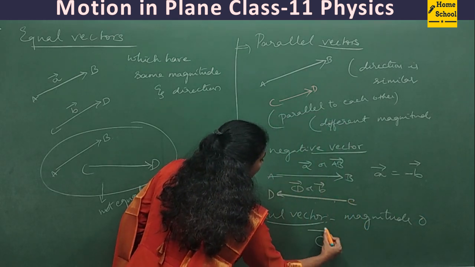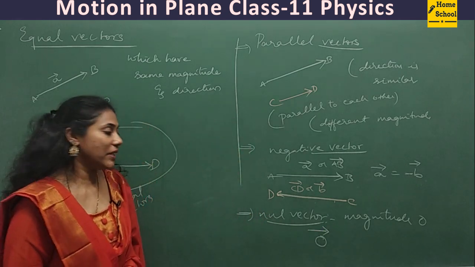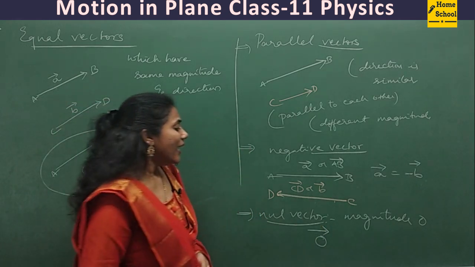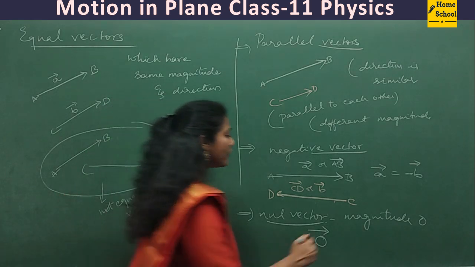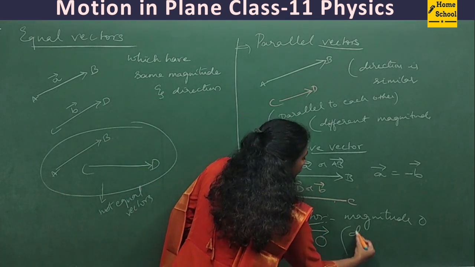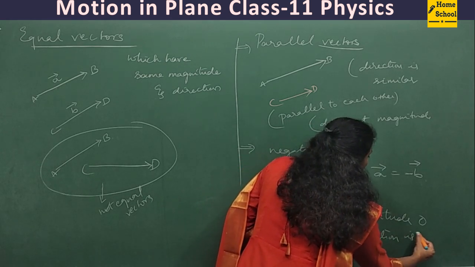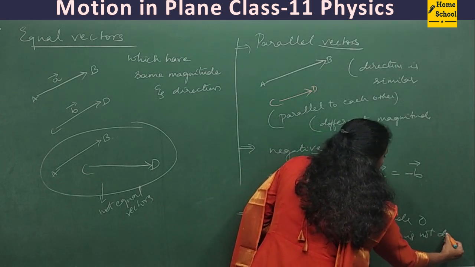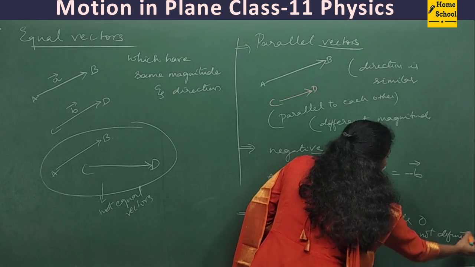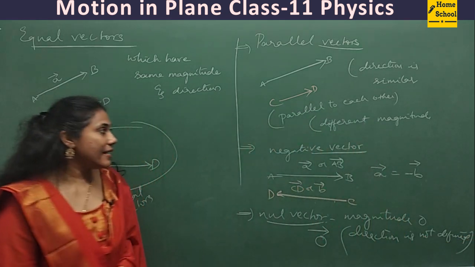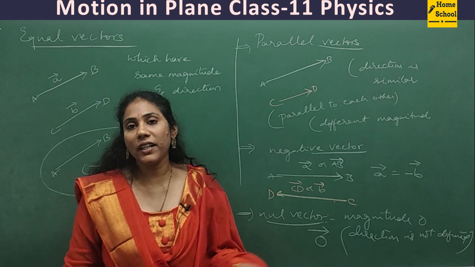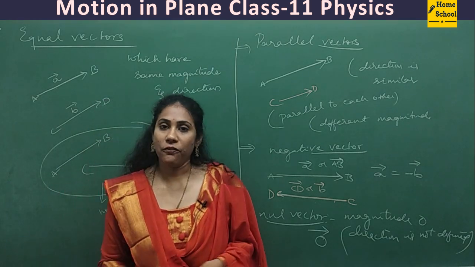It is usually represented as something like this, 0 vector. And here direction is not defined. Clear? That is what we mean by null vector. I hope you are clear with the different types of vectors.